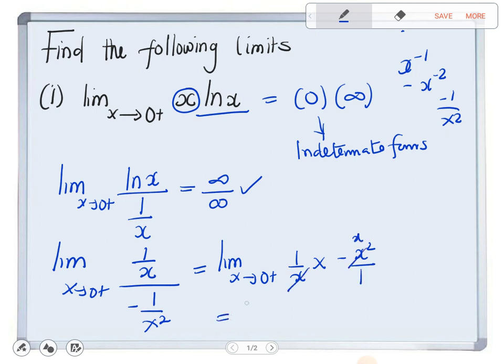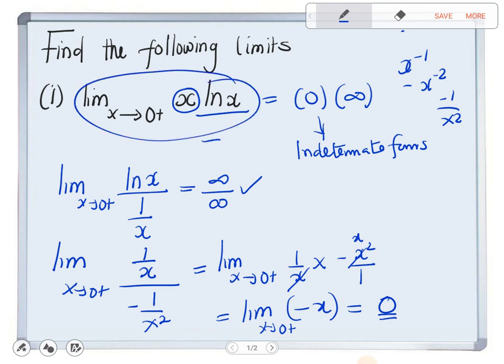So we have the limit of what? Negative x as x approaches 0 from the positive. We now substitute. What are we going to get? 0. So now you can see that the limit of this is just equal to 0. Boom.